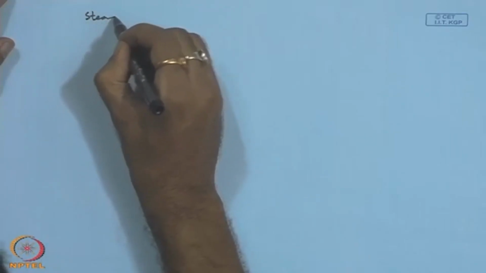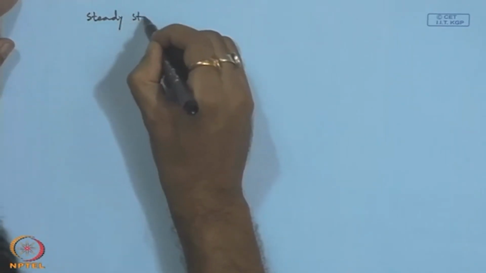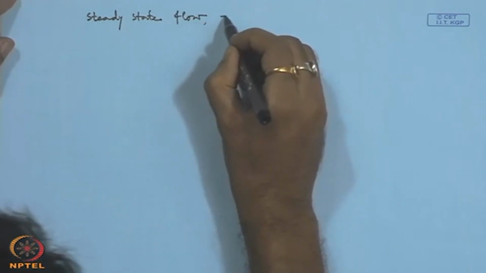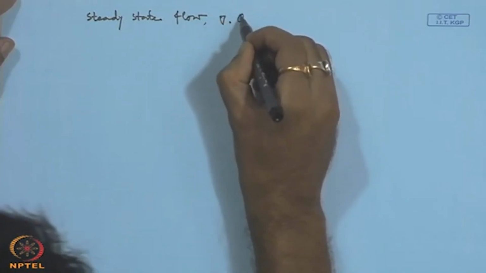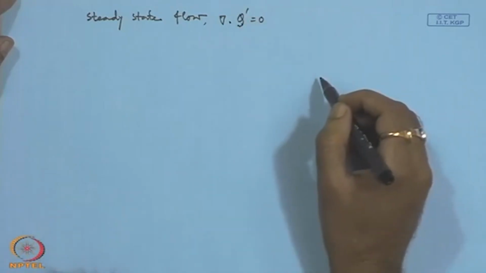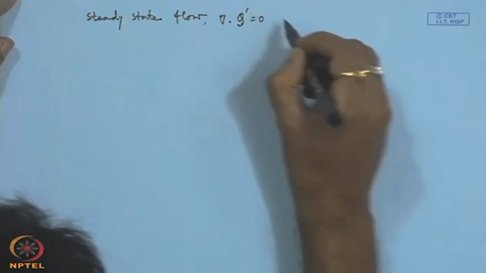So, using this, continuity of the flow is considered, and for steady state flow conditions, we have divergence of q prime equals 0 in each zone.